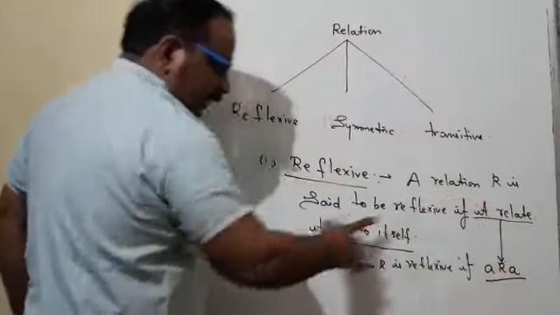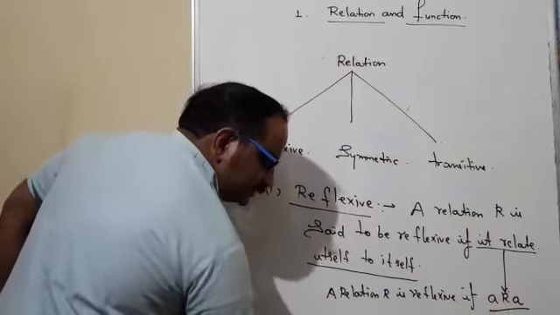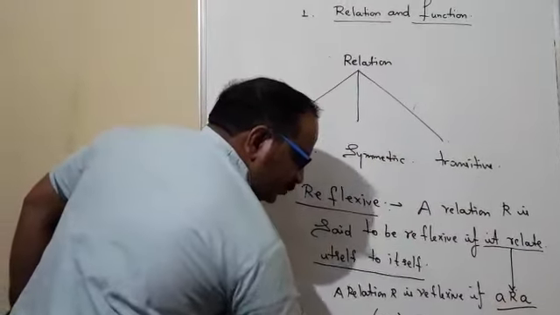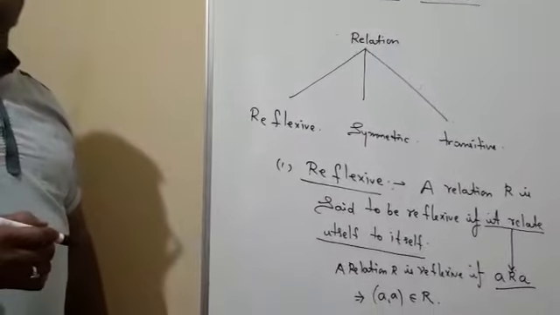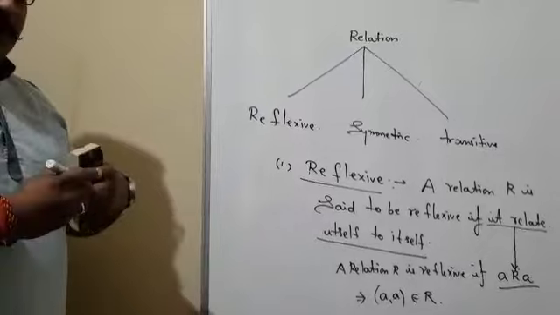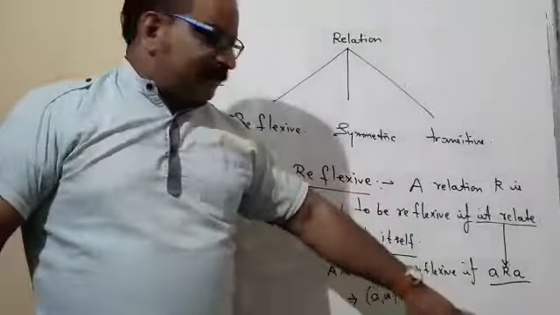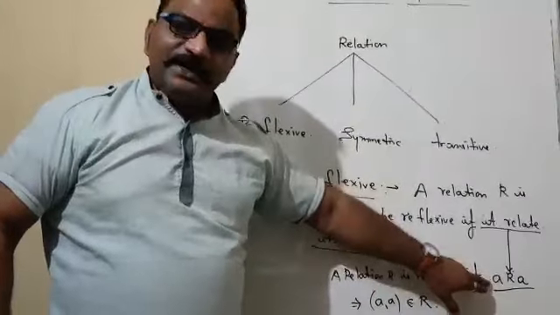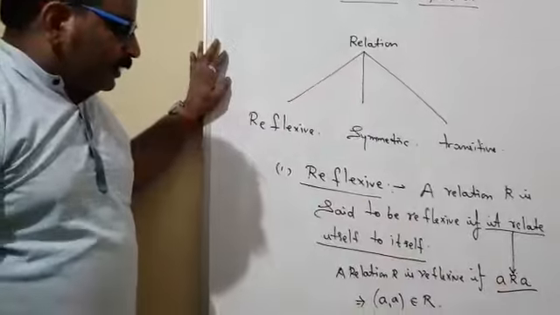It relates itself to itself means A relates with A. In other words, I can say (A, A) belongs to R. So that is the definition of reflexive relation. In order to prove any kind of relation, we have to ensure that every element of that set relates itself to itself. That is the definition of reflexivity.